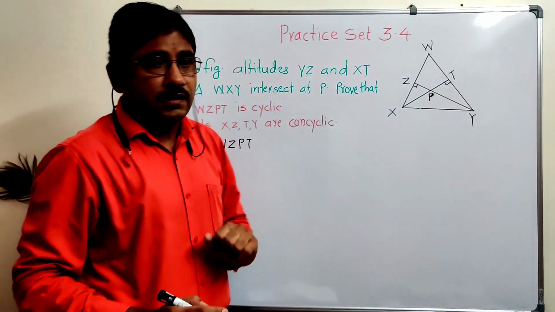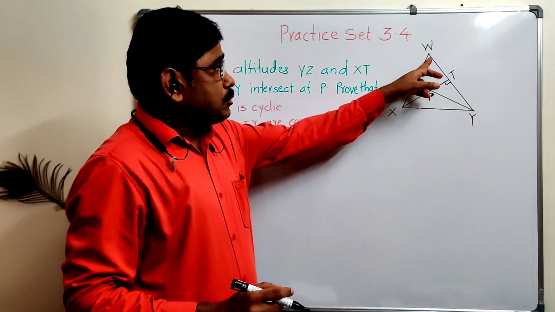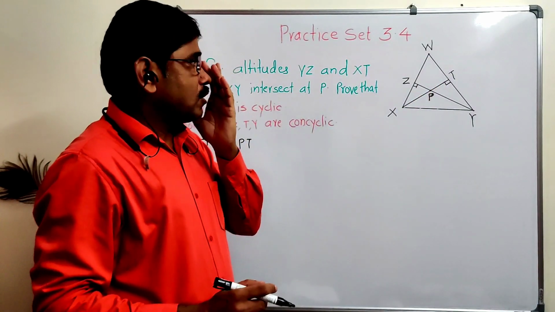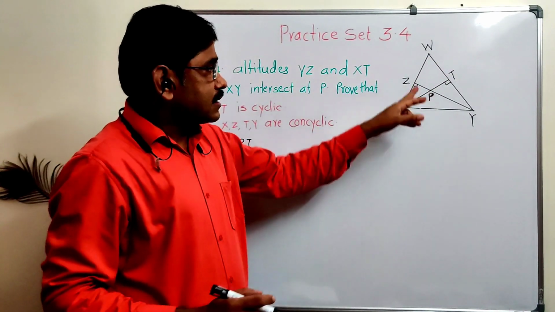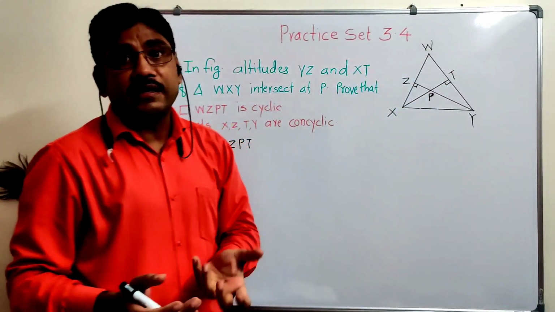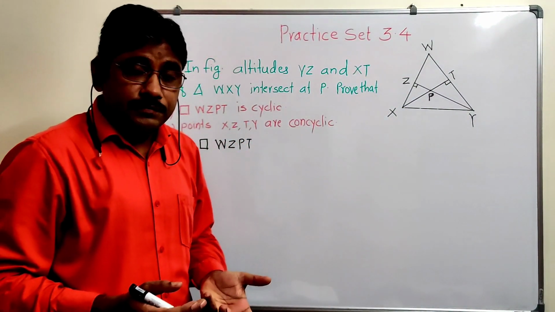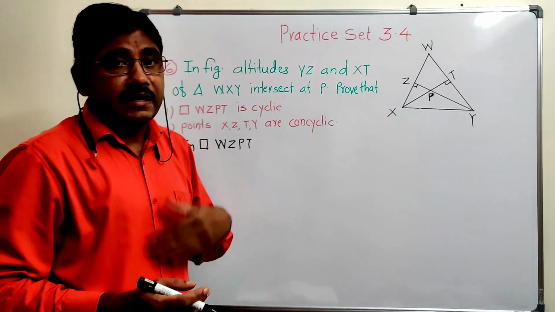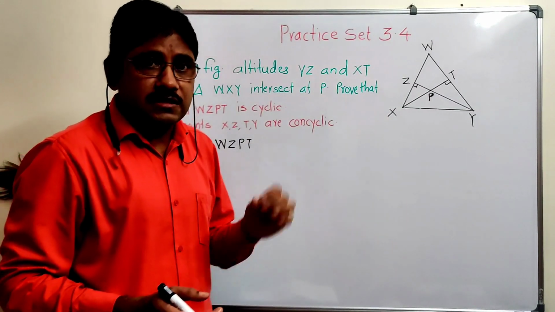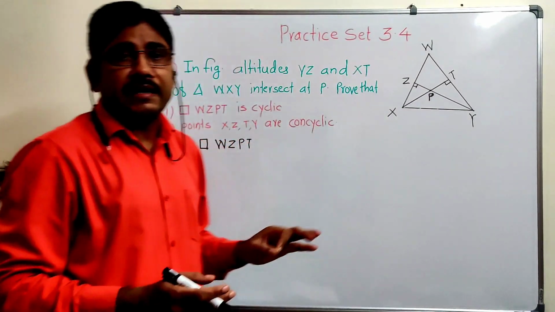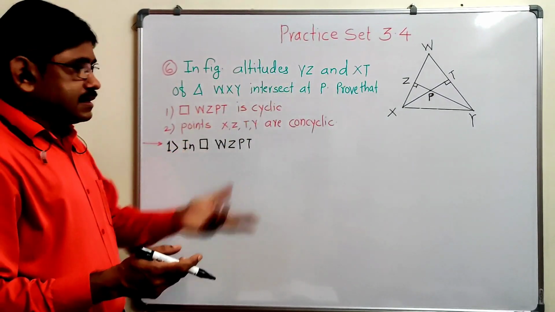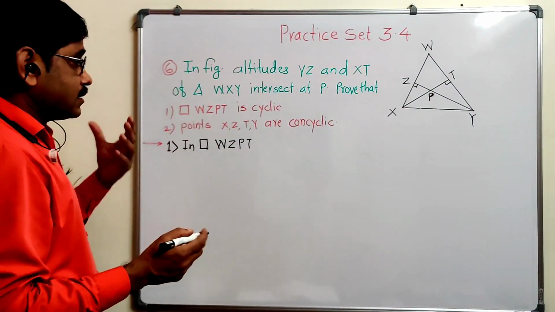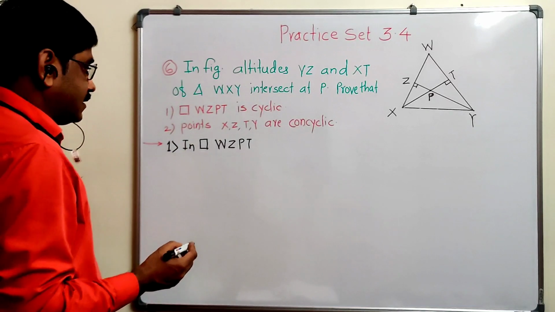WZPT, one pair of opposite angles W and P, second pair of opposite angles Z and T. Here Z is 90 degrees, T is 90 degrees. That is given. Therefore, what we can write? Their sum is 180, means if one pair of opposite angles is supplementary, then we can easily prove this is a cyclic quadrilateral.